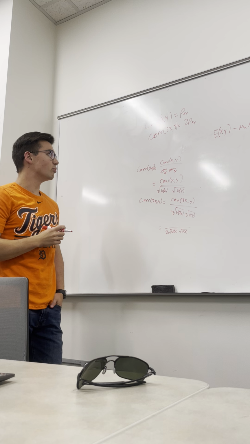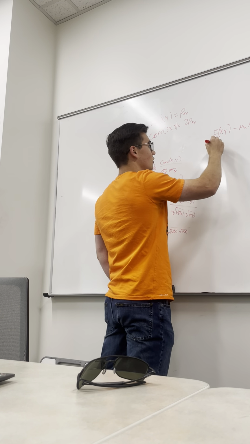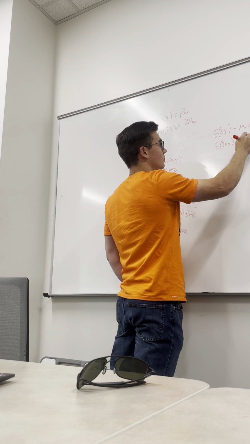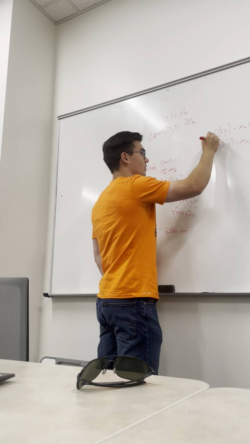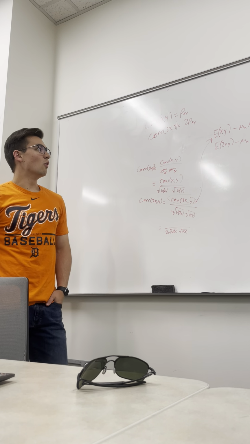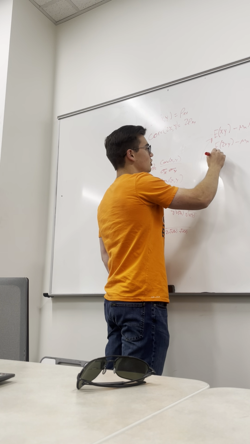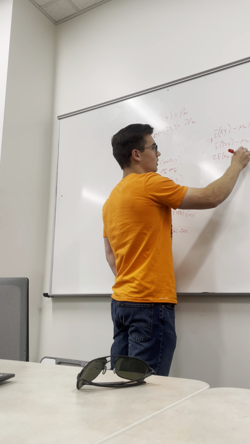So I'm plugging in a 2x into this expected value of 2x, y. Is this what's on top? Yeah, this is what's on top. So we're looking at this piece now. Well, the expected value of a constant is just a constant, right? So I can say 2 times the expected value of xy minus these guys.